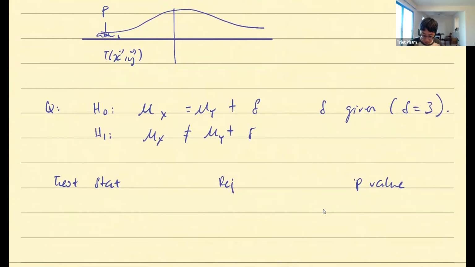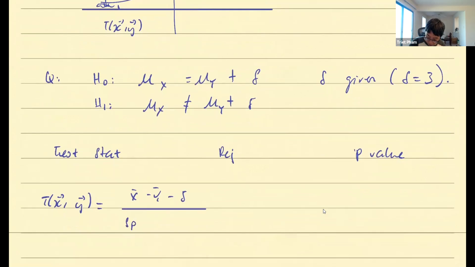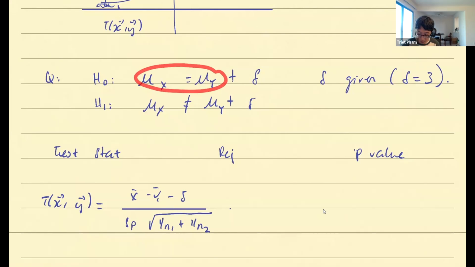The test stat will be x bar minus y bar minus delta, divided by S_P square root of 1 over n1 plus 1 over n2. That's it. The only difference is now you do x bar minus y bar, but you also subtract the delta.